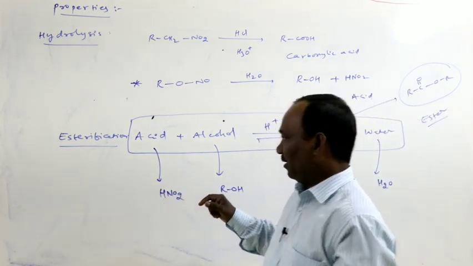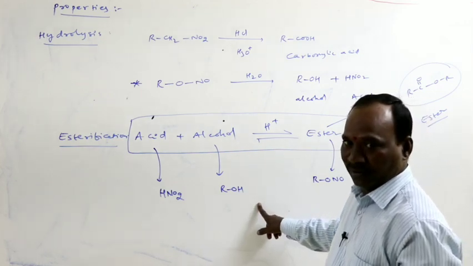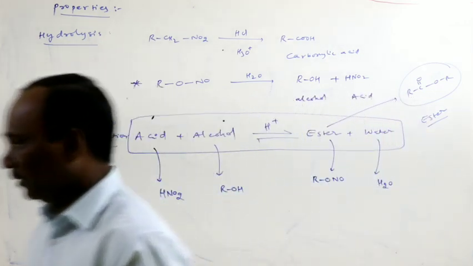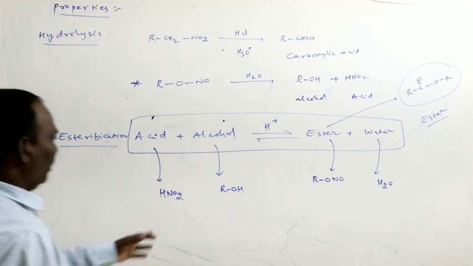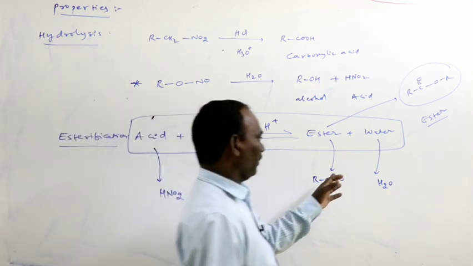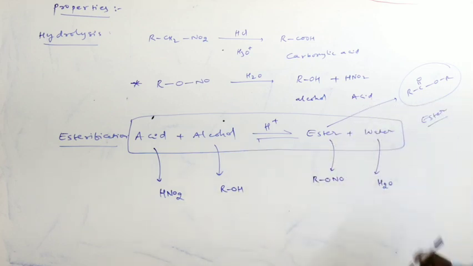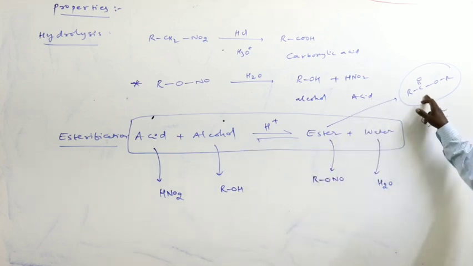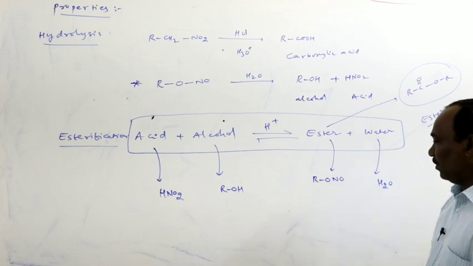When HNO2 is treated with alcohol in the presence of acid, it gives ester and water. The organic ester is RCOOR, but here the ester is RONO.